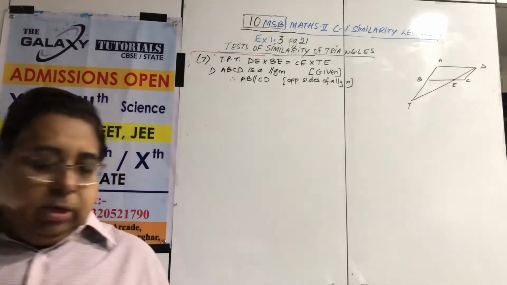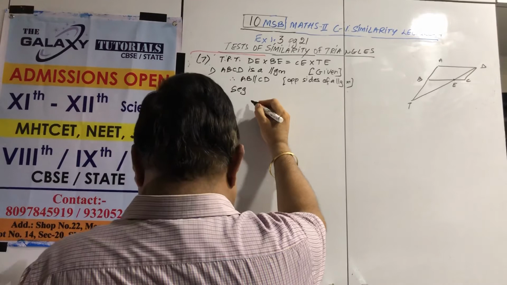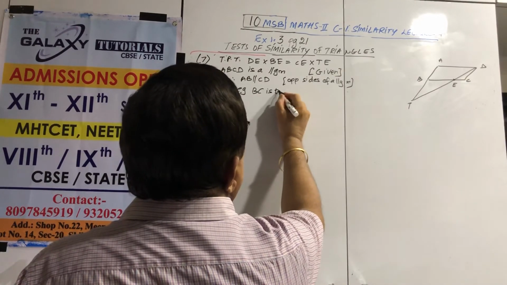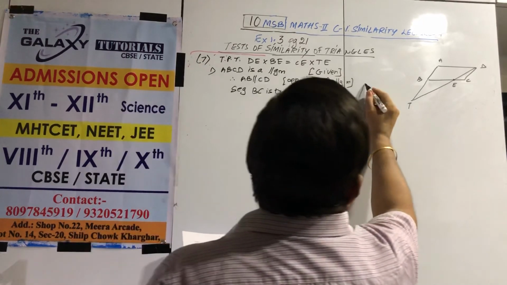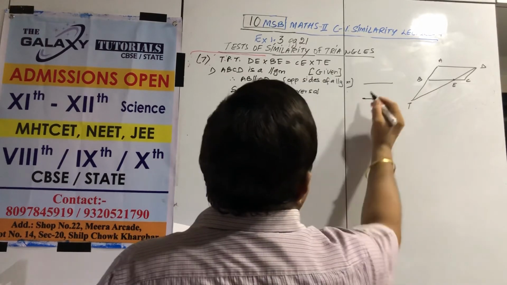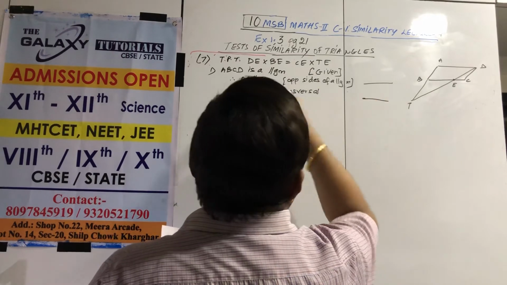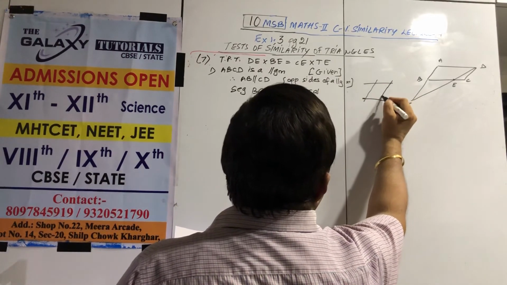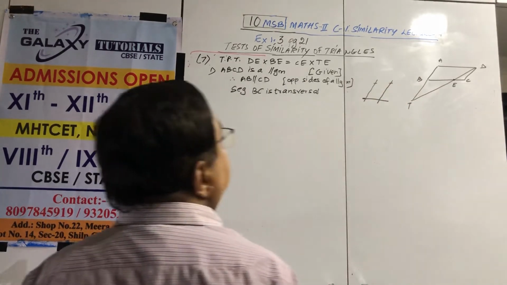Then, we will have BC is the transversal. So I have AD, I have BC, you can see, and I have the parallel sides. Actually, we are having AB is parallel to CD. Technically, we can remove the AD at present. So this is how it is appearing.